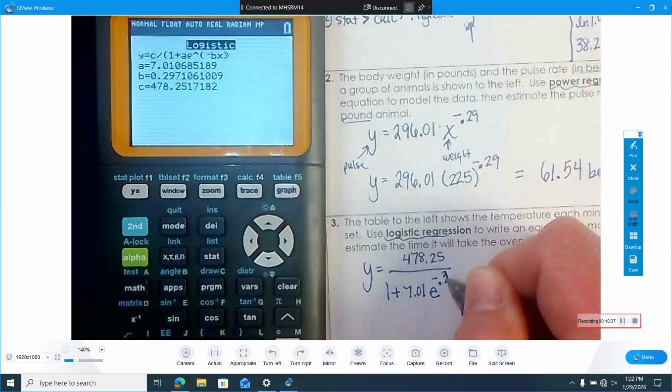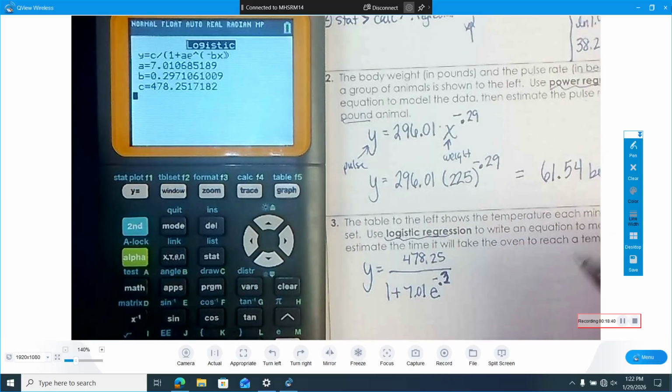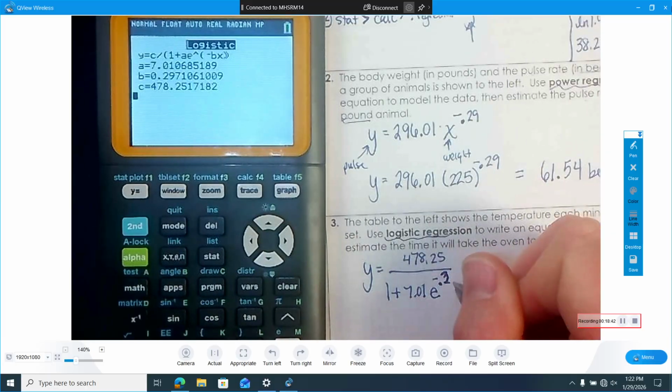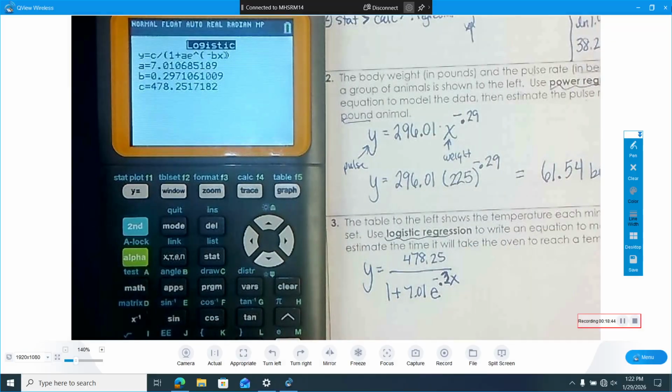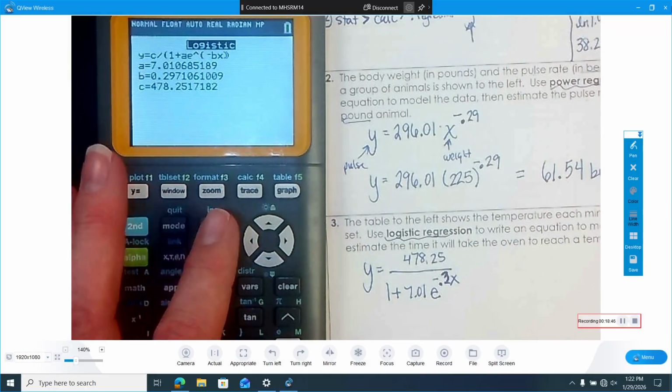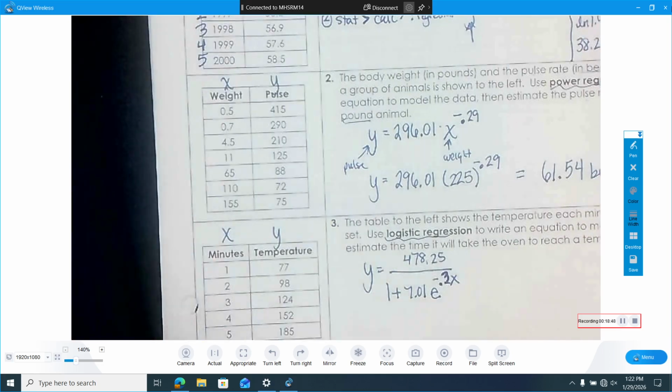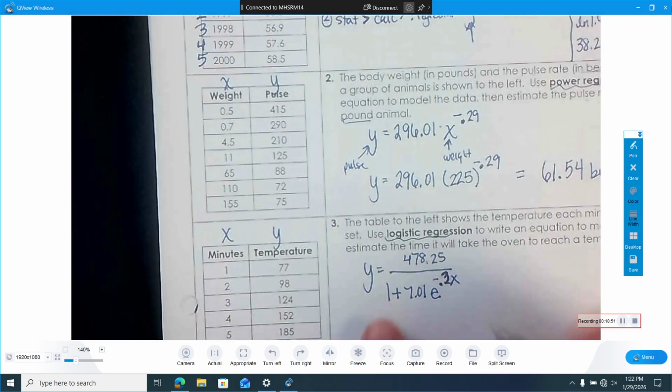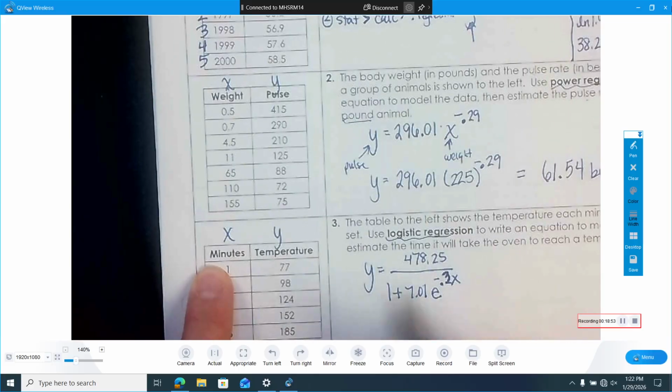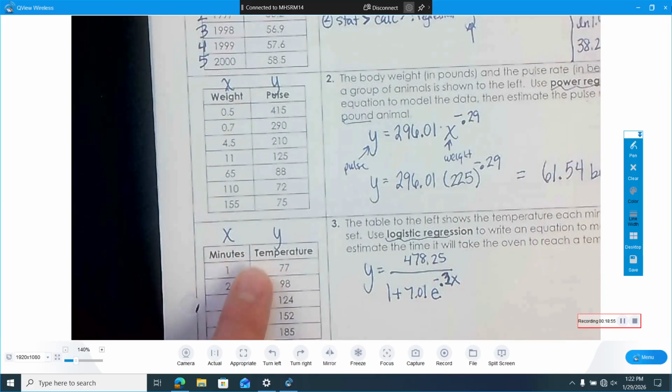I'm going to round it to 0.3x. All right. Now, x represented the minutes, and y represented the temperature.